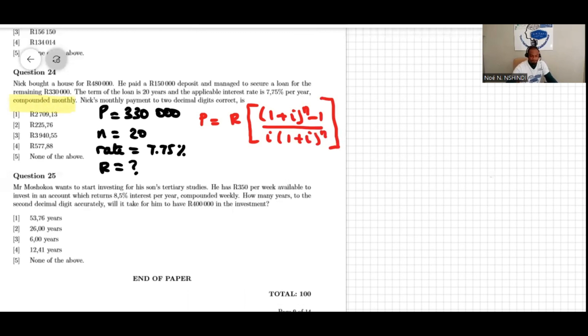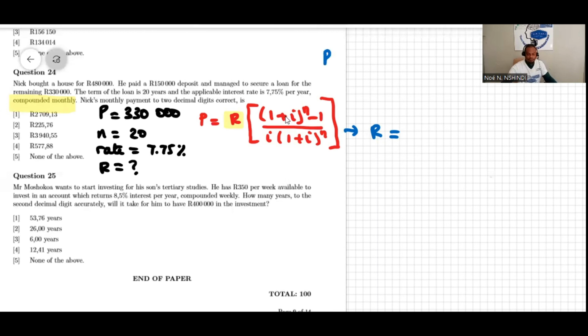Because I'm looking for R over here, I can just divide P by whatever is multiplying R, so I divide both sides by this quantity. Let me give you an example.